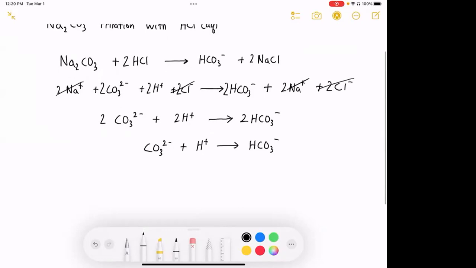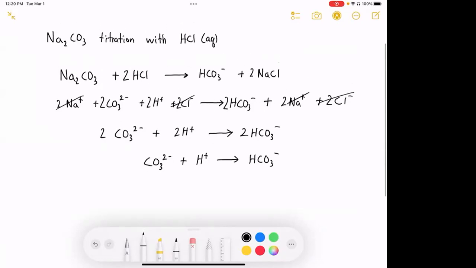But we do have sodium carbonate. So sodium carbonate is completely soluble.